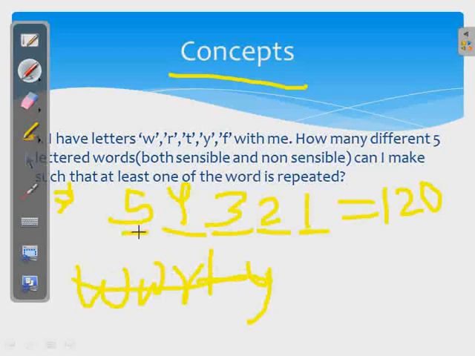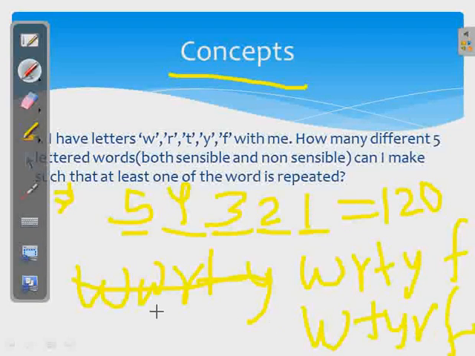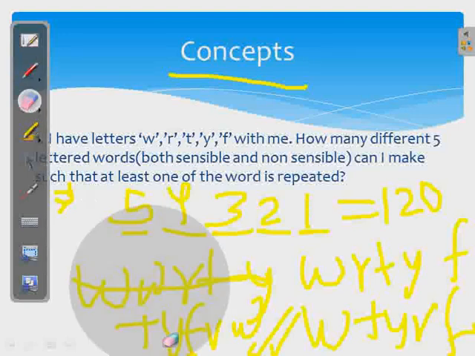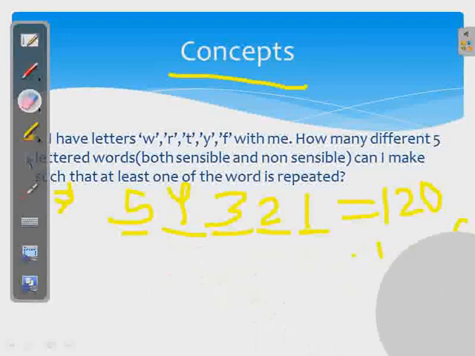This isn't allowed. What we said, like the first letter couldn't be used again, so there are 4 choices, and those couldn't be used, so there are 3 choices. So these 120 words include words like W, R, T, Y, F, and W, T, Y, R, F, or T, Y, F, R, W. We don't have any letter repeated. So these 120 words are the words which don't have any letter repeated.